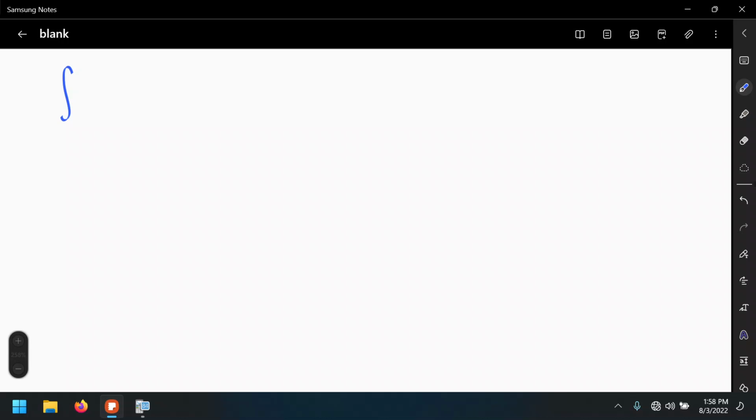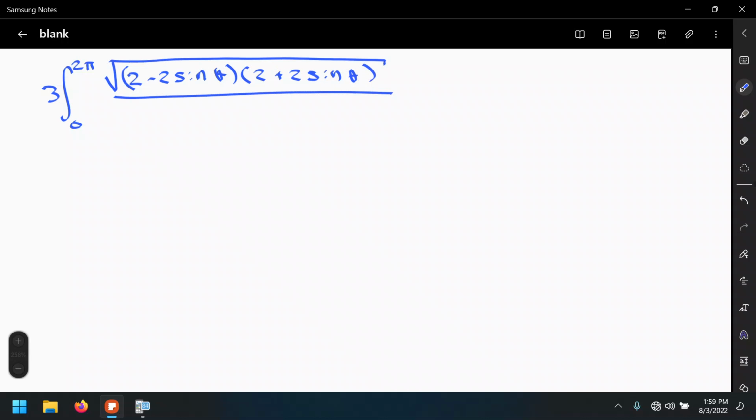So that's 3 times the integral from 0 to 2 pi of the square root of 2 minus 2 sine theta times 2 plus 2 sine theta, the whole thing divided by the square root of 2 plus 2 sine theta, with respect to theta.